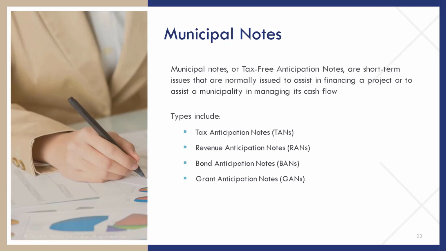And grant anticipation notes are in anticipation of usually a federal grant to the municipality. Now, the important thing to note is that these notes are short-term municipals, generally a year or less.